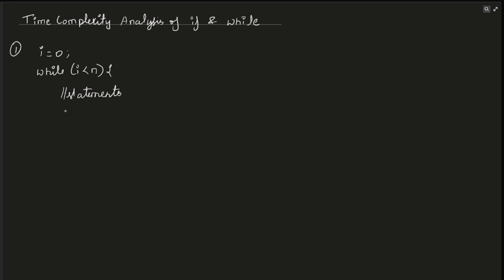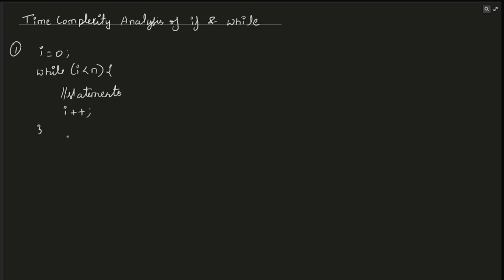Let me just take our first example for while loop. We'll be having some statements inside while loop. After executing all the statements, we'll be incrementing i. Close the loop. Now let's analyze the time complexity of this while loop.